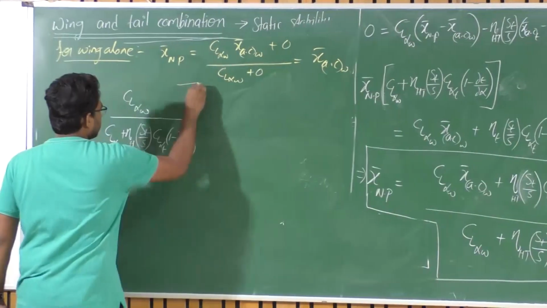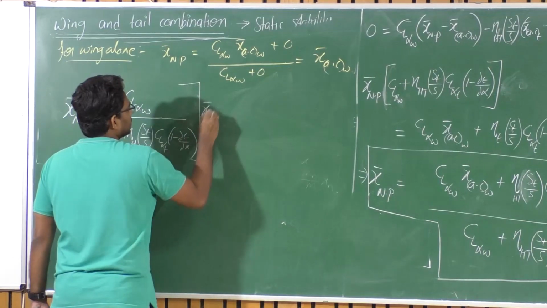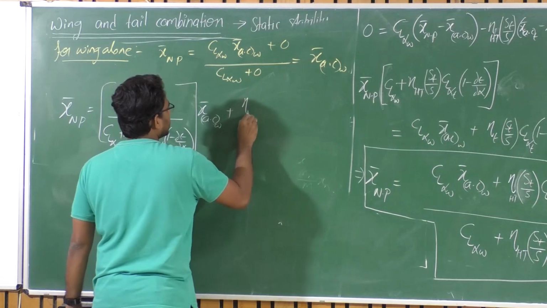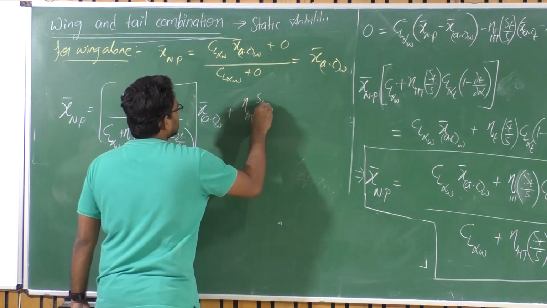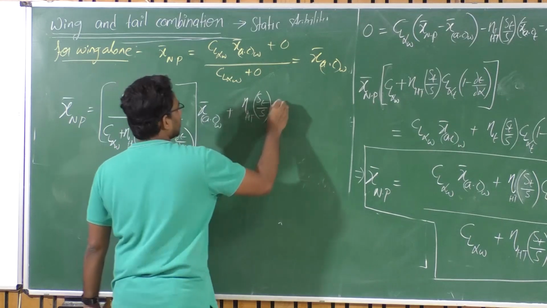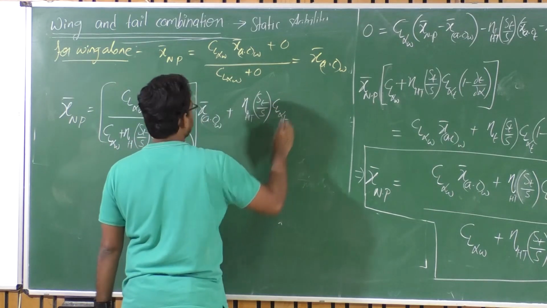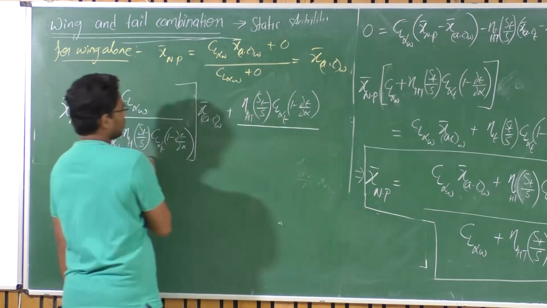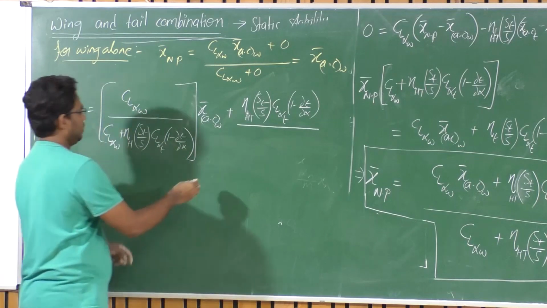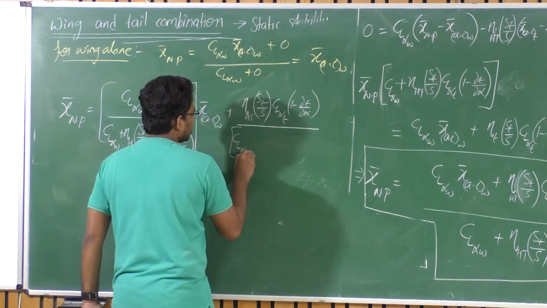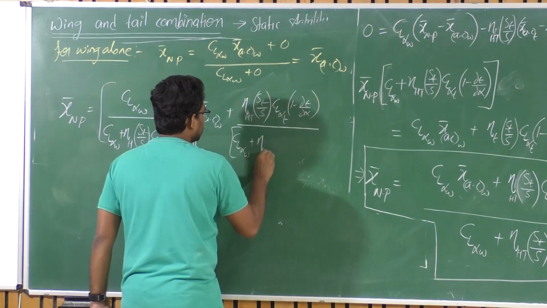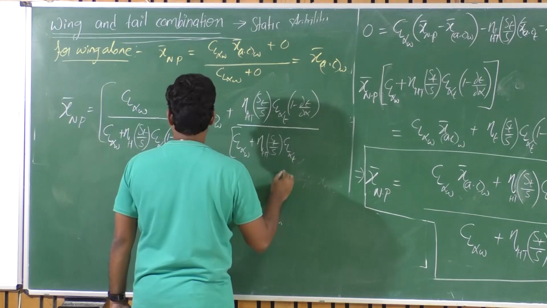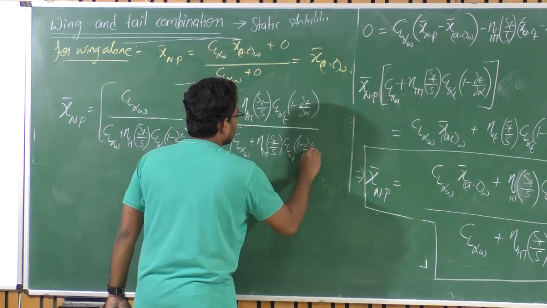So this multiplied by x bar AC of wing, plus eta of tail, horizontal tail, St upon S times CL alpha of tail, multiplied by 1 minus ∂ε/∂α, divided by, again, the total CL alpha of the aircraft, which is CL alpha of wing plus eta_HT St upon S times CL alpha of tail multiplied by 1 minus ∂ε/∂α.